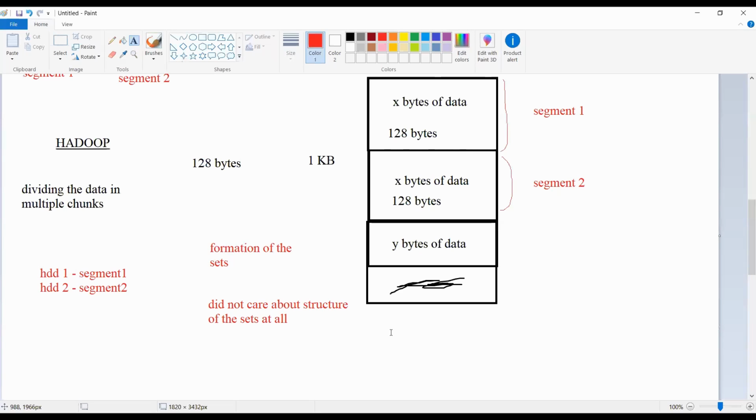Why is the formation of sets important? Even though you have not yet completed the computation on all the 10 million data, you can still give some kind of prediction. In the stock market scenario, you need this 10 million data to give a certain decision, but the thing is changing very rapidly. That is a very practical use case.